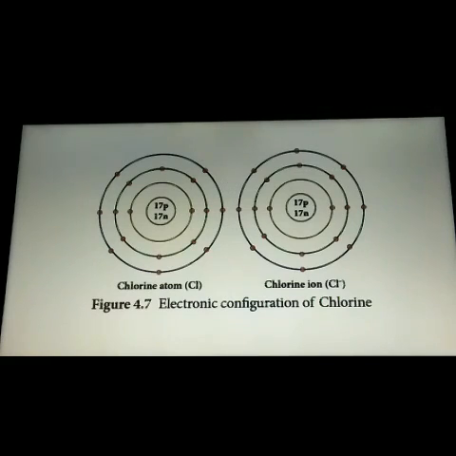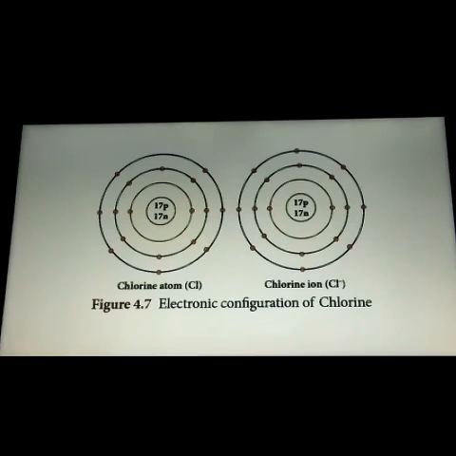So to attain the stable electronic configuration, the chlorine atom will gain 1 electron to become a stable atom. In case of chlorine, you may mention it as chlorine minus or Cl minus, because it gains 1 electron and hence it is an anion.